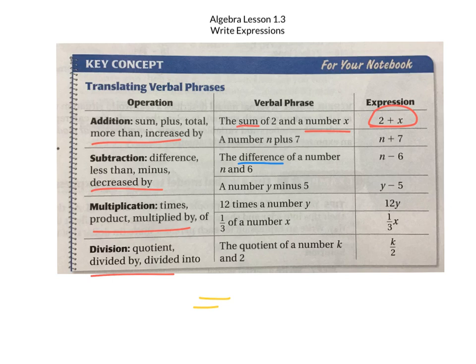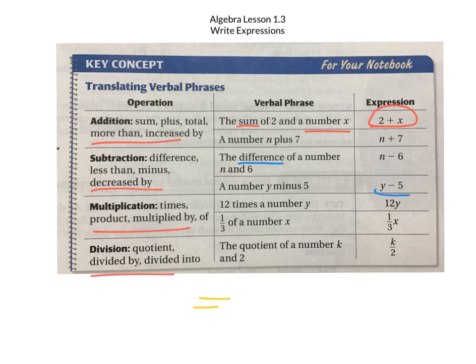Of a number n and 6. When it's subtraction, you need to be very careful you put this in order. Addition is a little bit less strict on which number you had first. Subtraction, you do have to make sure you put the correct number first, in the order that you read it. So the difference of a number n and 6 is n minus 6. And a number y minus 5: y goes first because it's listed first.